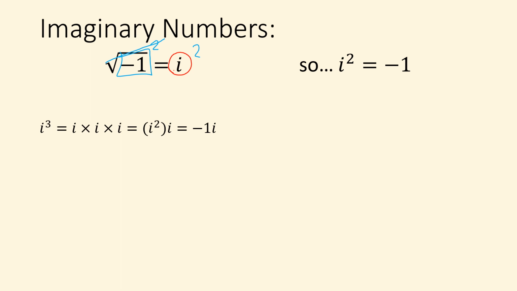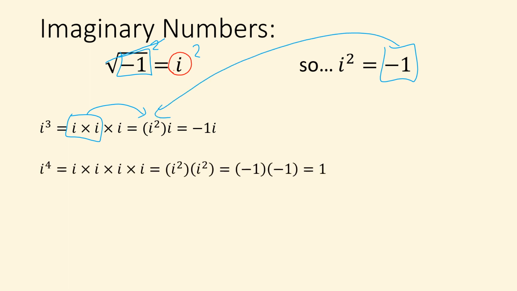Now, an i with any exponent is going to simplify, and this is actually a cyclical set of patterns. So i cubed, if we just wrote three i's, the first two i's make an i squared, and an i squared, like we set up here, is a negative 1, and this is really just a negative 1i. Let's look at i to the fourth.